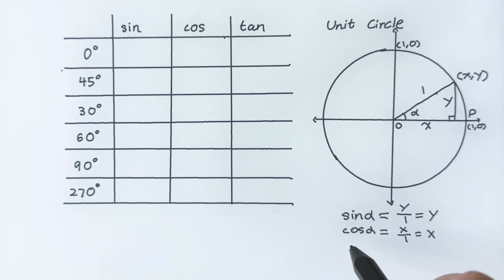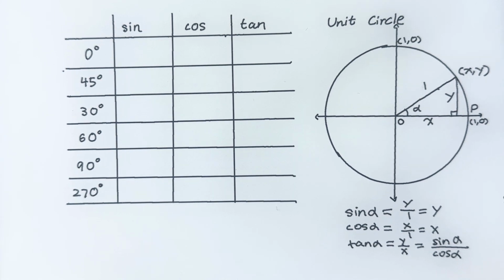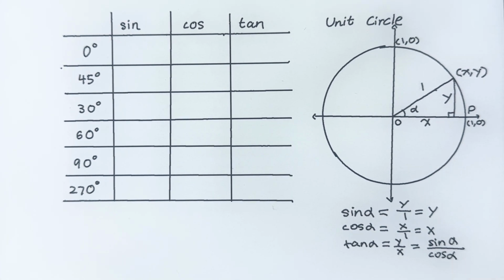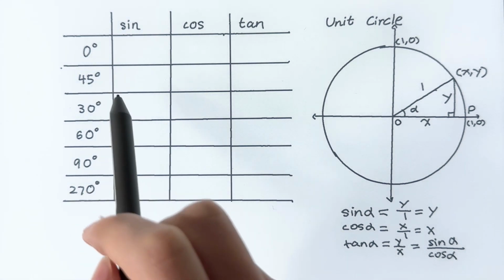And tangent of alpha equals the opposite over the adjacent, so equal to y over x. And don't forget that this equals sine of alpha over cosine of alpha. So, using this, we can start calculating the special angles.